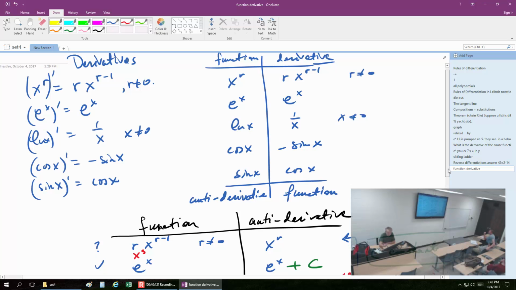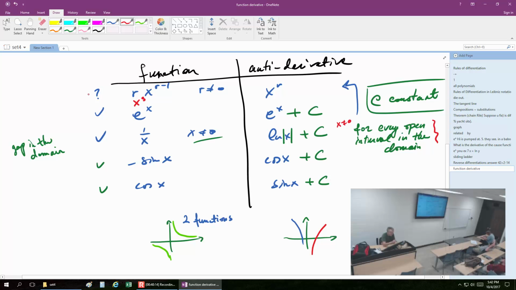That's not what we have here. We have some uncomfortable r over here, which stands in the way. So I want to put x to the power of s, where s is not equal to 1. Then its antiderivative will be 1 over s plus 1 times x to the s plus 1.